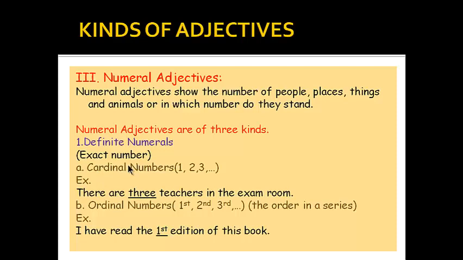For example, first, second, third, etc. You can see the given sentence here. I have read the first edition of this book. This first is an adjective, that is ordinal number, and edition is a noun.